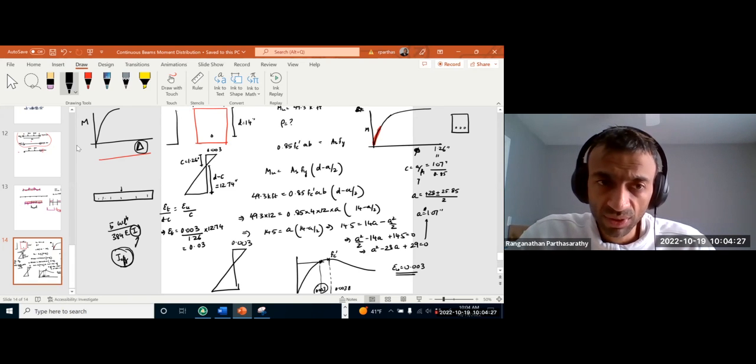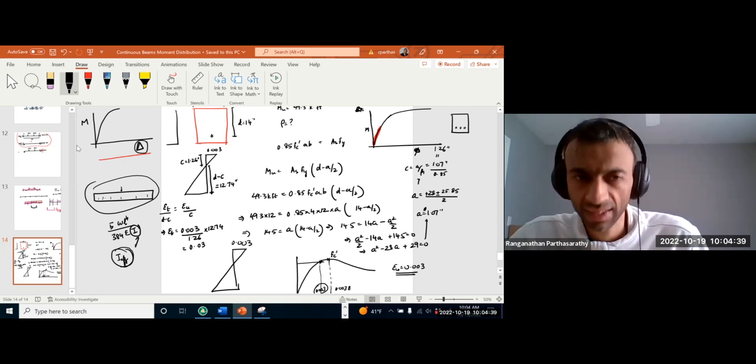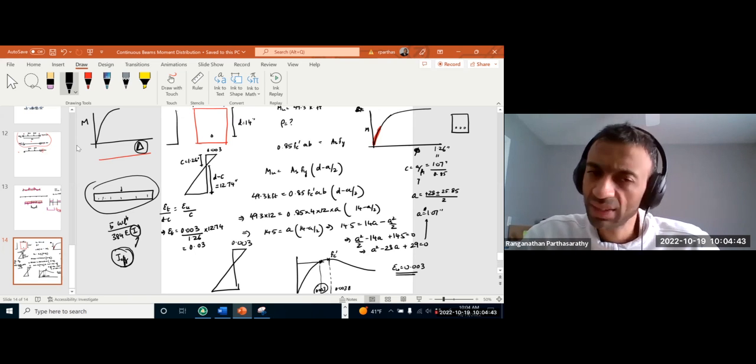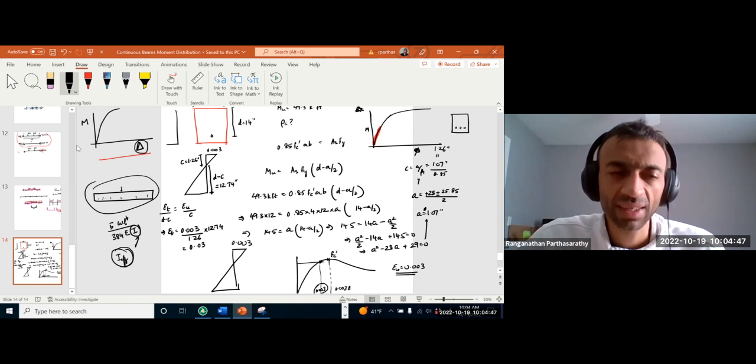Those calculations were for a member, while moment curvature is for a section. Yes, we are doing some kind of averaging over the entire length of the beam.